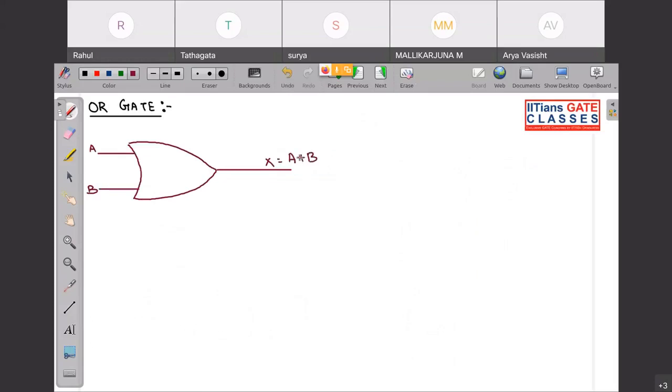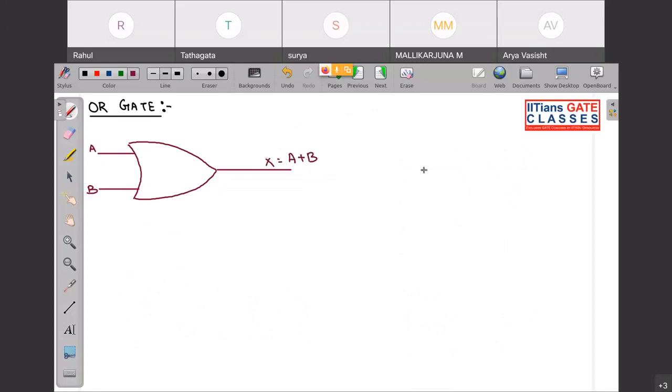Now for the OR gate, the logical expression is A or B. Most of the time people say A plus B, but usually you should say A or B. In Boolean, plus means OR. So this is the logical expression for the OR gate.